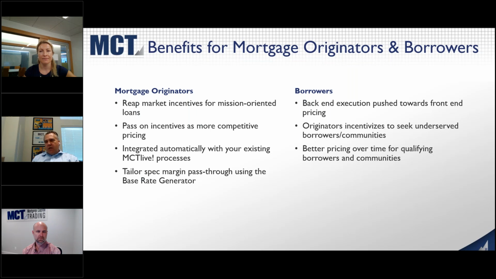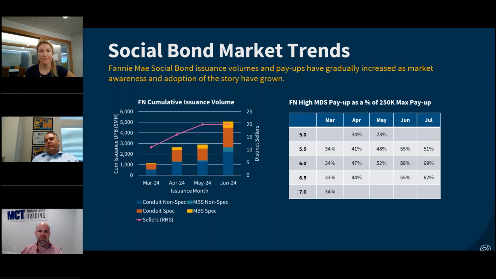And I think Olga's matrix there was really cool, and the first time we've seen anything like that. When she talks about how that's gone up as a percentage of the pay up, one thing that sticks out to me is the 6.5.